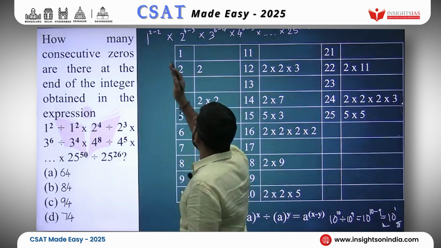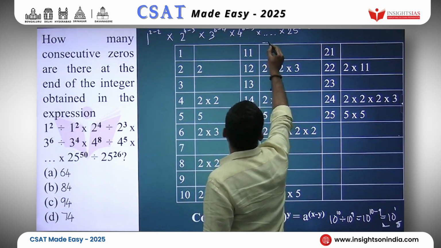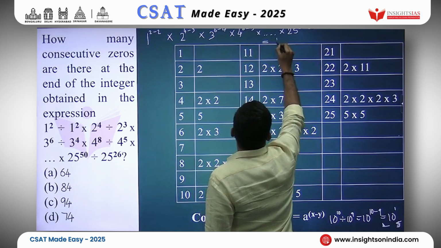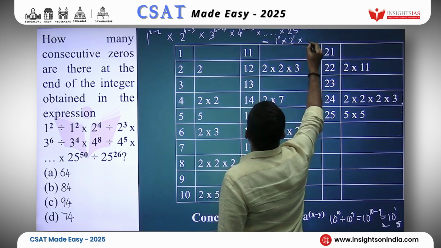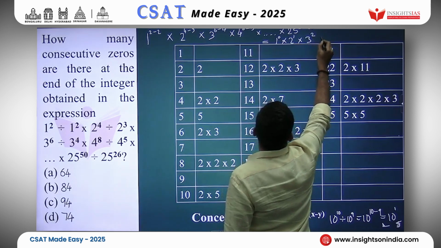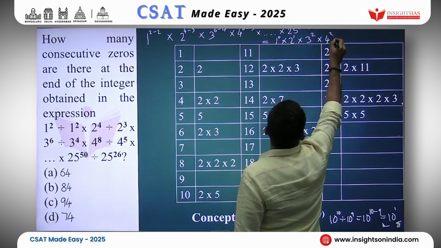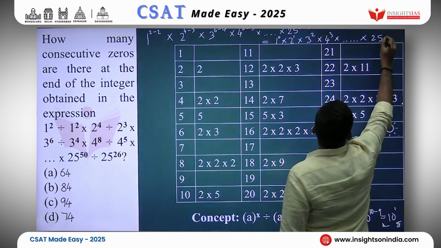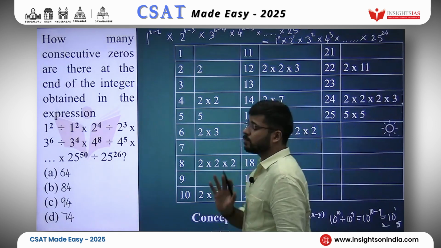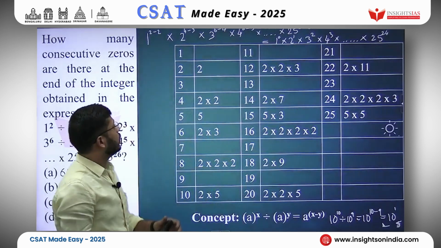What will this expression be? It would be 1 to the power of 0 into 2 to the power of 1 into 3 to the power of 2 into 4 to the power of 3, and that way up to 25 to the power of 24. What is happening here?